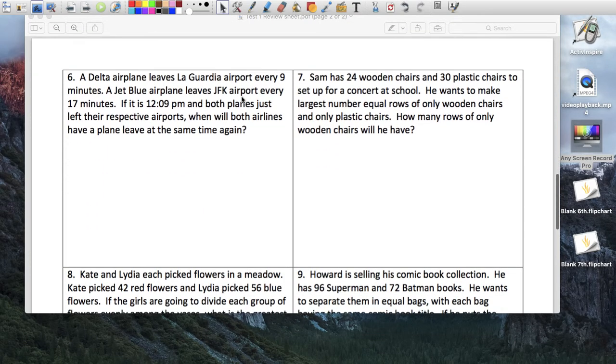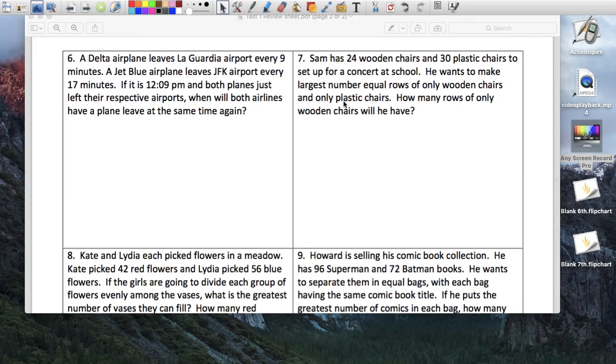Okay. 6, a Delta airplane leaves JFK every 9 minutes, so I'm gonna make the right Delta LaGuardia, sorry, LaGuardia. And this is another JetBlue JFK every 9 minutes.